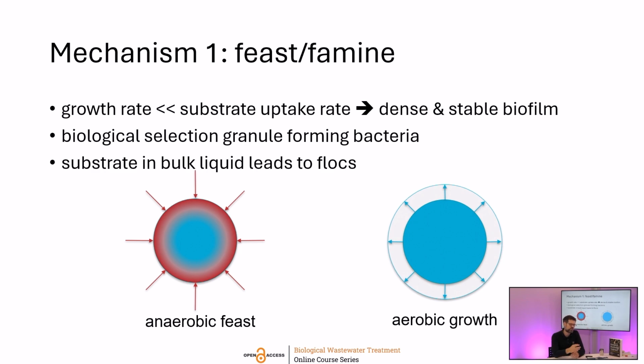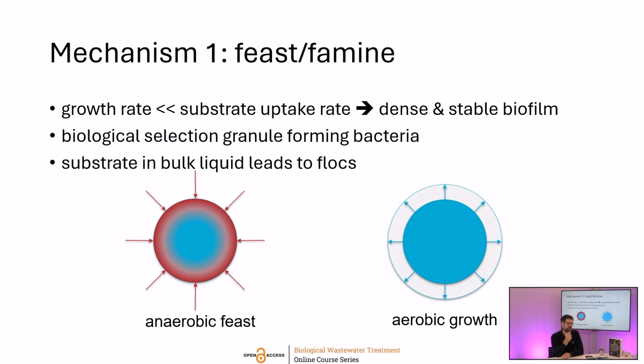And actually, what is really important here is that because we separate uptake of substrate and the growth on the substrate into 2 separate stages, the feeding phase and the aerobic phase, there's an infinite difference between the substrate uptake rate and the growth rate.